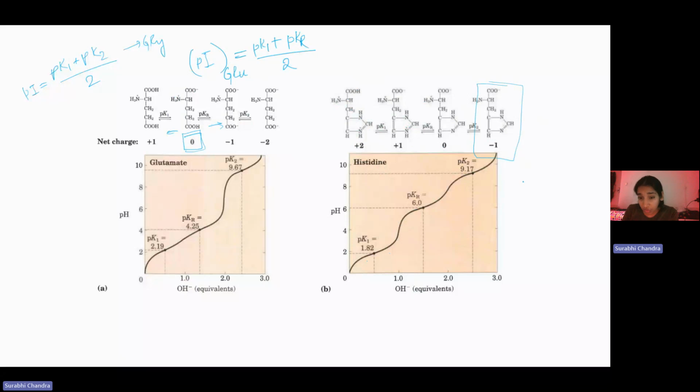But when we want to calculate the PI value, it will be the average of pKr plus pK2 divided by 2, in case of histidine. So again, this varies depending on the type of R group or functional group present over here.